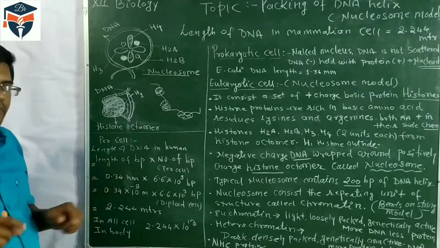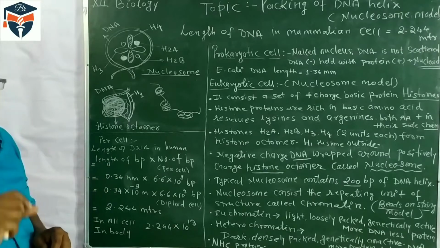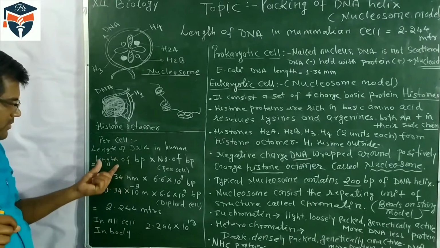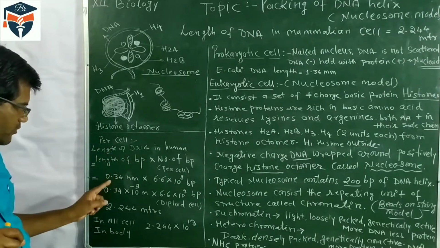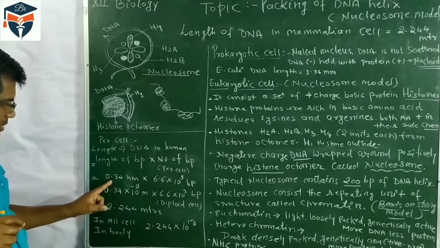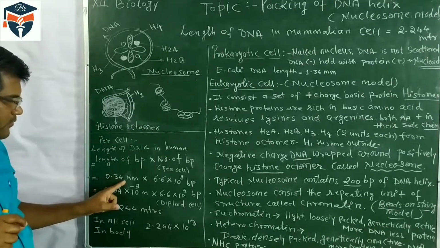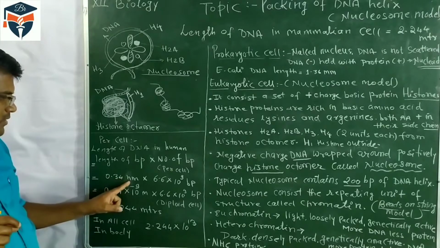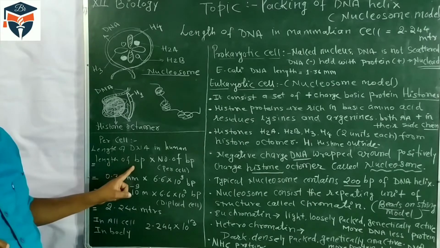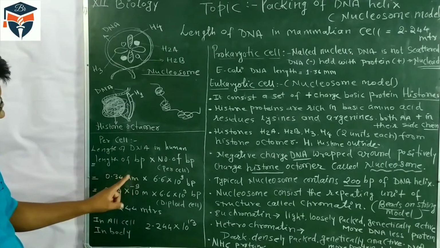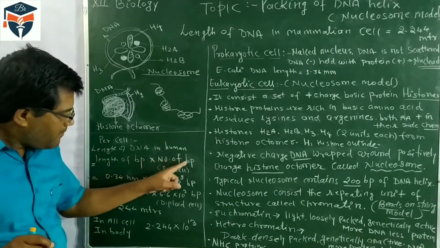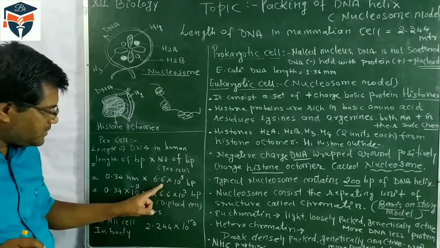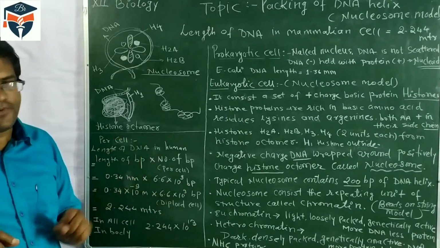Length of base pair means the distance between two nucleotides. In a DNA molecule, it is 0.34 nanometer, as we have learned. And the number of base pairs in a diploid cell in human, as I told you, is 6.6 into 10 to the power 9 base pairs.